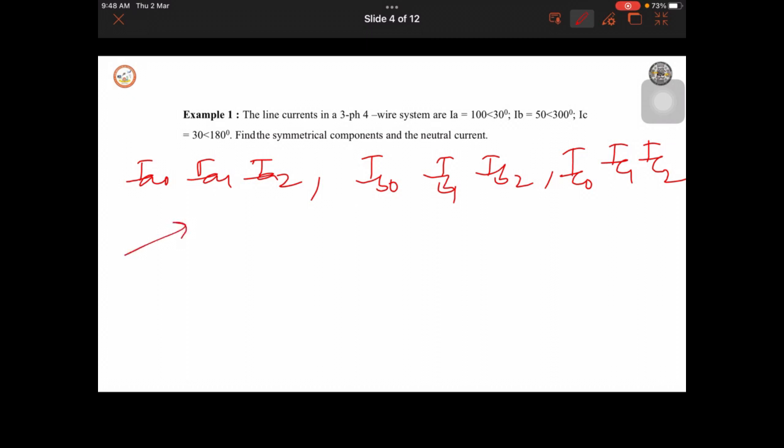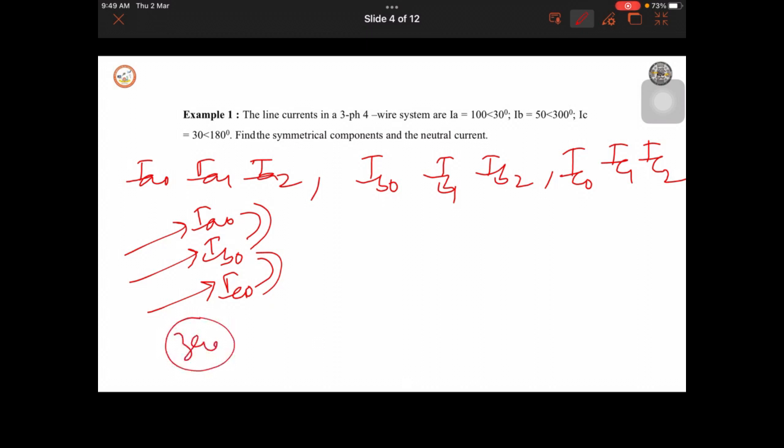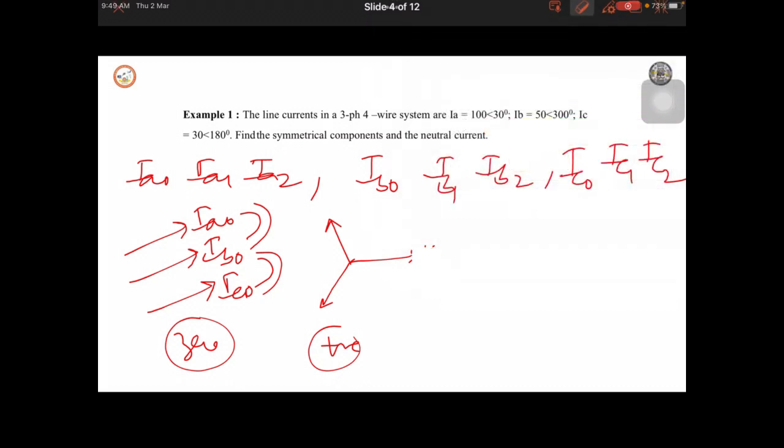As you know, the zero sequence components have the same magnitude and the angular displacement is 0. Therefore IA0 is equal to IB0 and IB0 is equal to IC0. For positive sequence, the 3 phasors are equal in magnitude and phase displaced by 120 degrees.